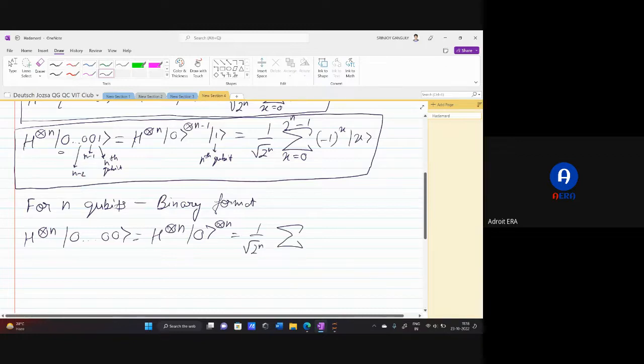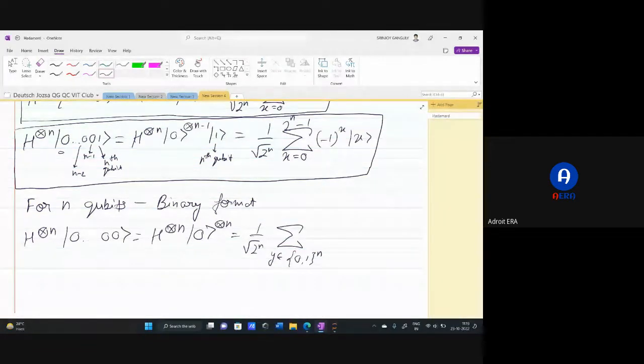So how do you write in binary? y belongs to {0, 1}^n, right? Because with binary, remember, there are no decimals. 0, 1, 2, 3, 4, these are decimal numbers, but we are talking about binary numbers, which are only 0 and 1, and therefore {0, 1} to the power n, because whenever you set the power, you are going to get results.